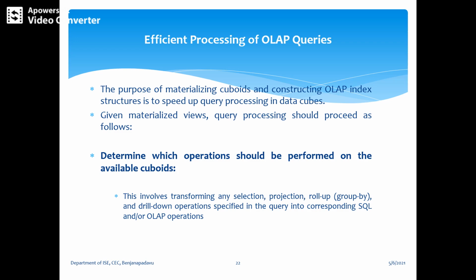Actually, this involves transforming any selection, projection, roll-up or group-by, and drill-down operations specified in the query into corresponding SQL or OLAP operations. For example, slicing and dicing may correspond to a selection or projection operation on a particular materialized cuboid.